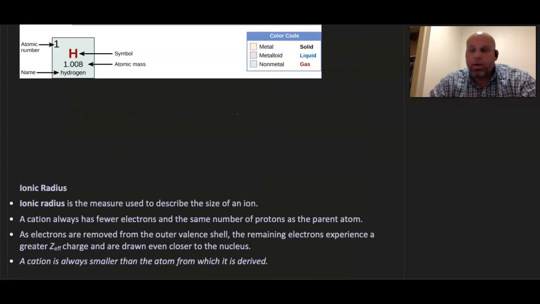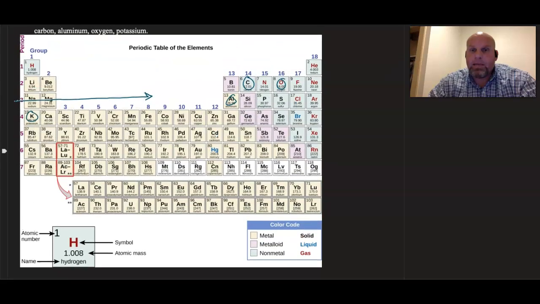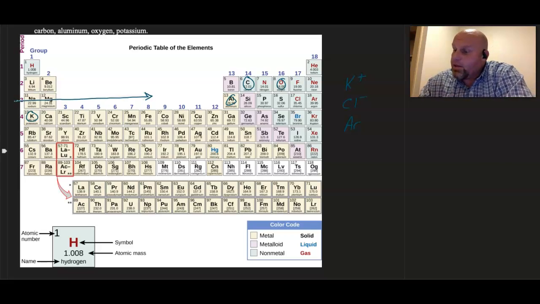So for example, if I go back up to our periodic table here, and let's say that I was trying to compare the K plus cation, the chlorine anion, and the argon atom. Okay, so if I take a look at these, you're going to see this is an isoelectronic series. All of these would have 18 electrons.